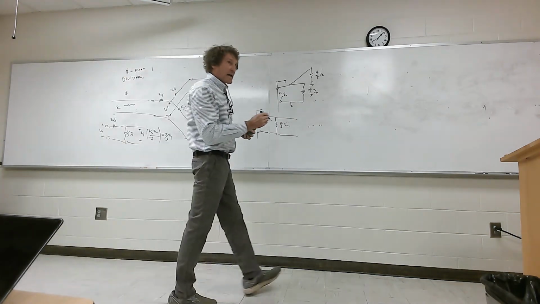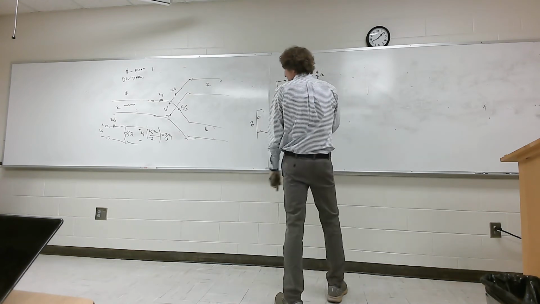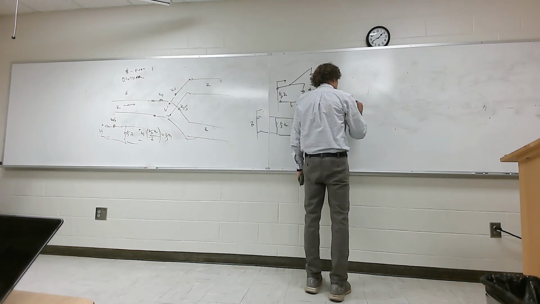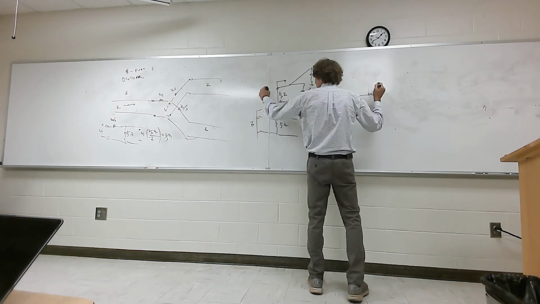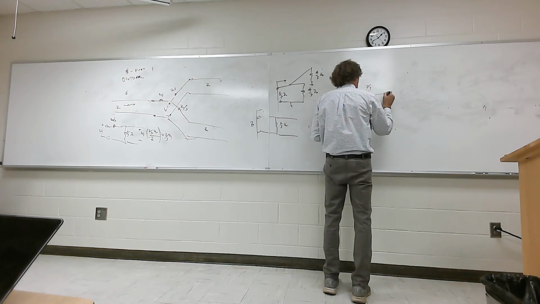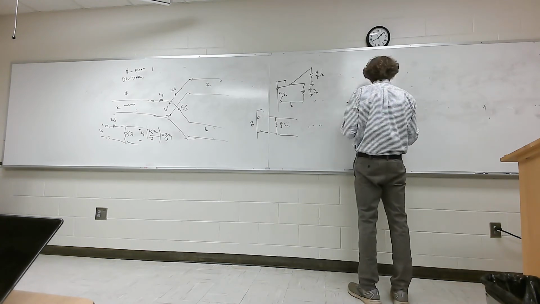Alright, so I have a voltage of 2/3 V1, and then I have a connection through here of Z naught over 3, and I want to know how much voltage is developed here, and that is Z naught, right?